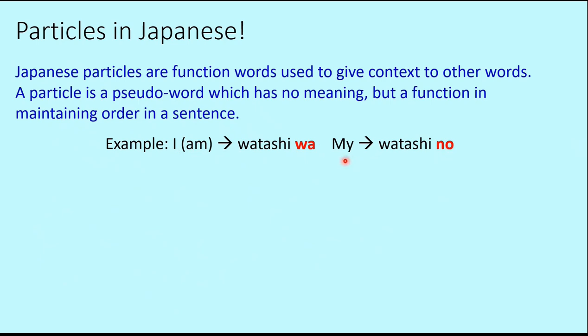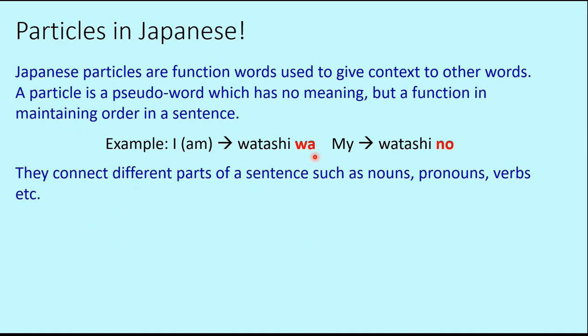So the meaning of my will be conveyed when we use the no particle after watashi. So watashi no means my. If we say my name is, then we have to say watashi no namae wa Sujoy desu. And if I say I am Sujoy, then watashi wa Sujoy desu. So this is what a particle does in Japanese.